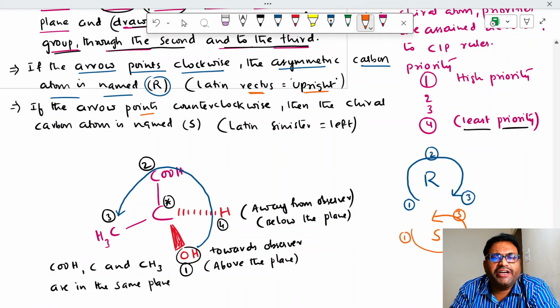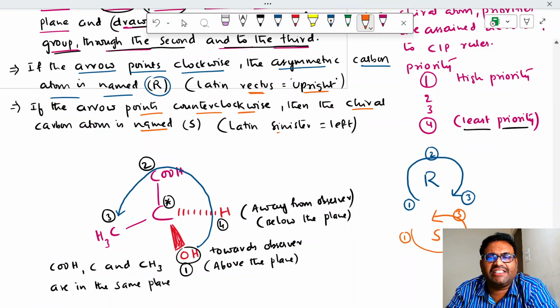If the arrow points counterclockwise, meaning anti-clockwise, then the chiral carbon is named S. S means sinister, from the Latin word sinister, meaning left. From there it has been derived.